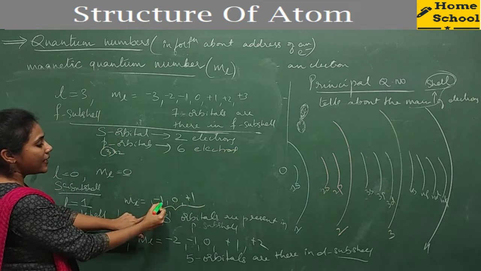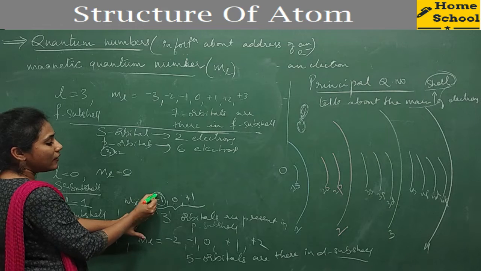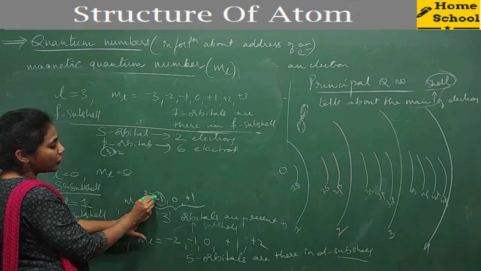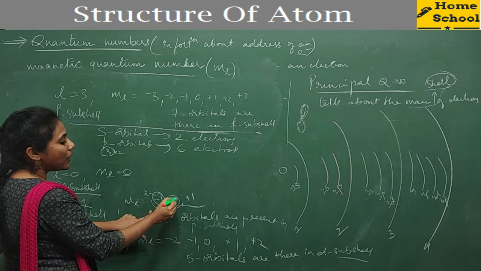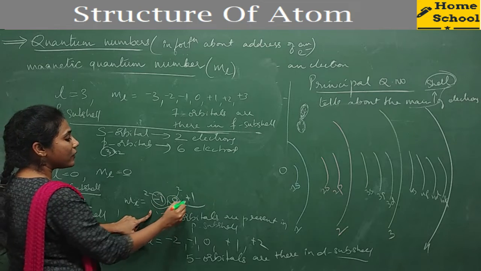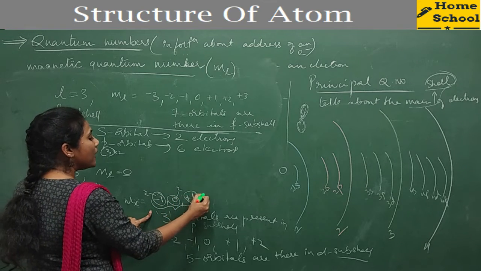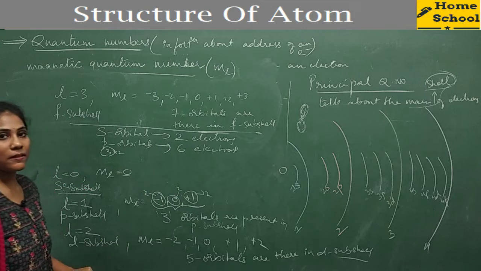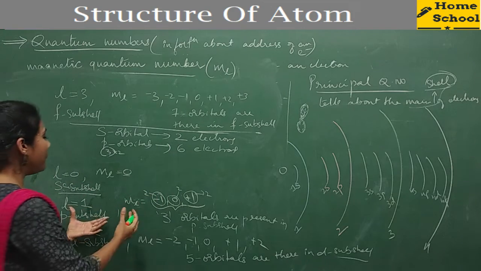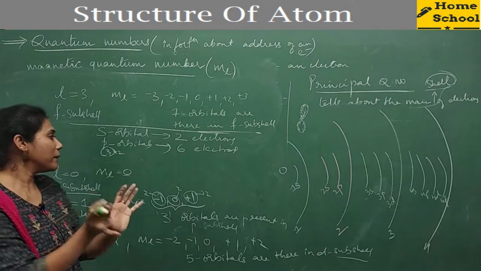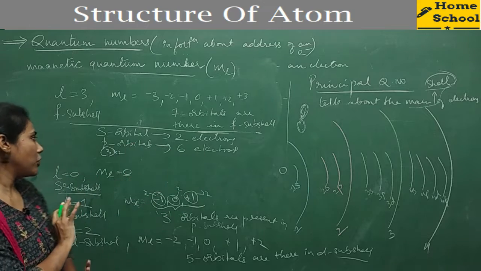This is 1 p orbital, it gives place for 2 electrons. This is another p orbital, it gives space for 2 electrons. This is another p orbital, it gives space for 2 electrons. So together, p type of orbitals can have 6 electrons.